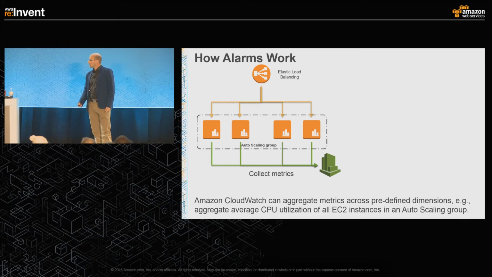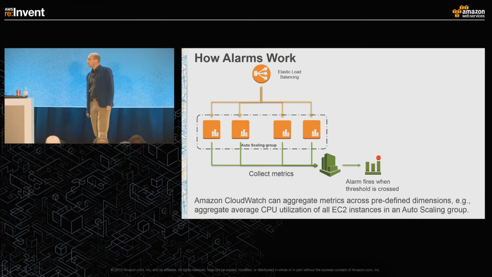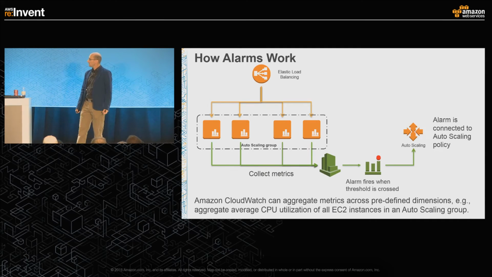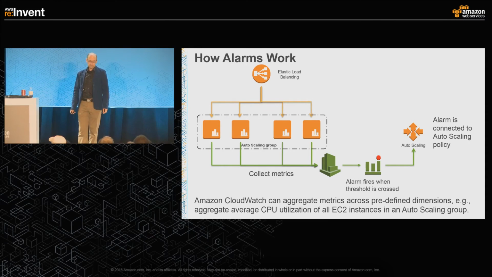And then, as those metrics are collected in CloudWatch, you can define an alarm that fires whenever the CPU utilization goes up too high. This alarm you can then connect to an autoscaling policy as well as to SNS notifications and so on.